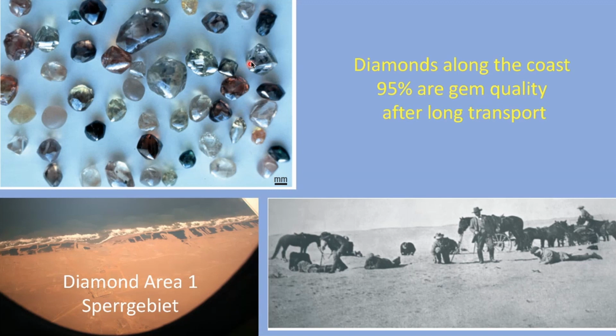And some of these you can see are lovely octahedral shapes. That's the natural crystal habit of the diamond. Here's another one. But other ones are rounded, and that's not because of the river rounding them. That's because they were resorbed in the actual magma in which they formed deep in the earth.